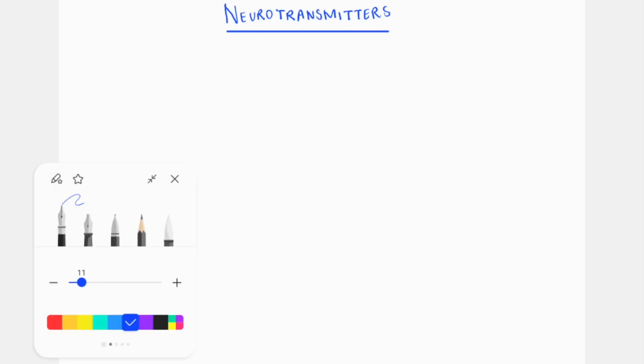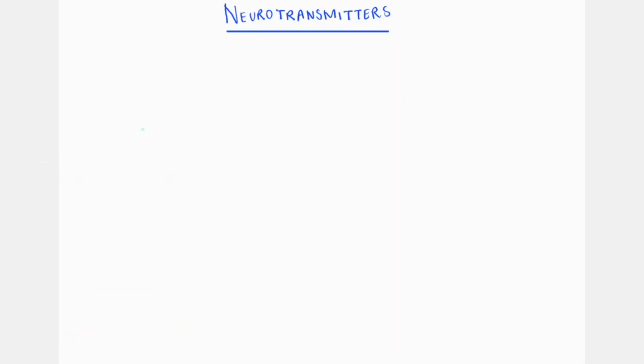Okay, so now we're talking about a very important bit called neurotransmitters. Neurotransmitters. Okay, neurotransmitters are a very important bit. All right, let's enlarge a part of the axon terminal.